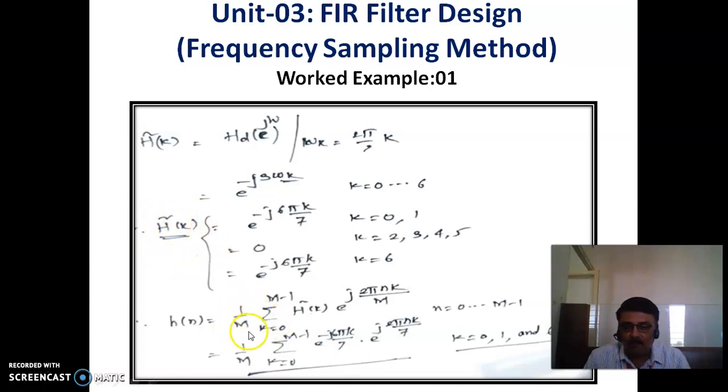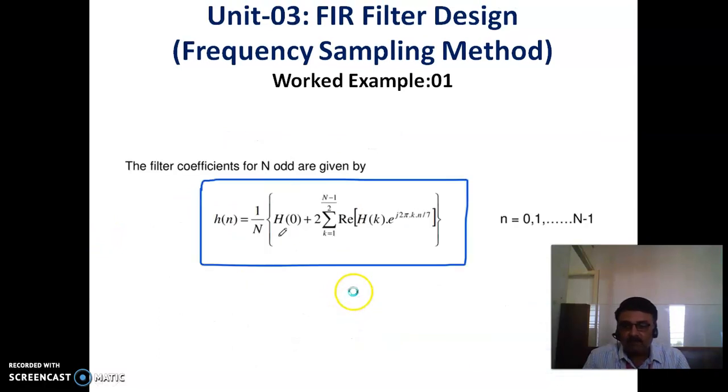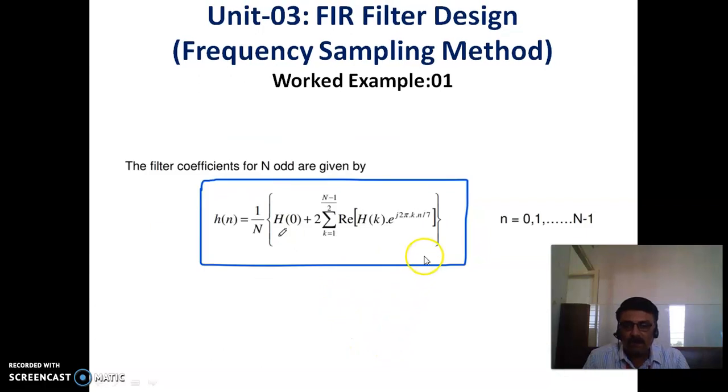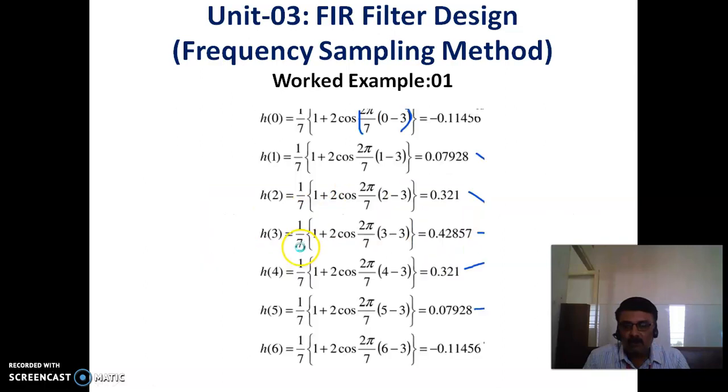The formula is 1 divided by N, summation k equal to 0 to N minus 1, H of k, that is this value, and then your e power j again. You can also use this formula. Both formulas are the same, no issues. After substituting these values, you will find the coefficients.